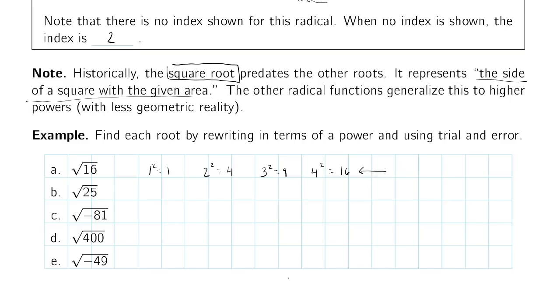Saying 4 squared is 16 is the same as saying the square root of 16 is 4. What about 25? Well, I've already tried 1, 2, 3, 4. Those were too small. Let's try 5 squared. That's 25, which is the same as saying the square root of 25 is 5.